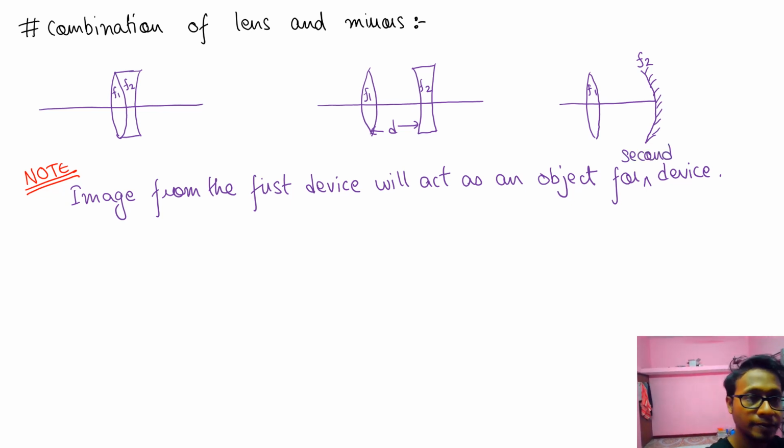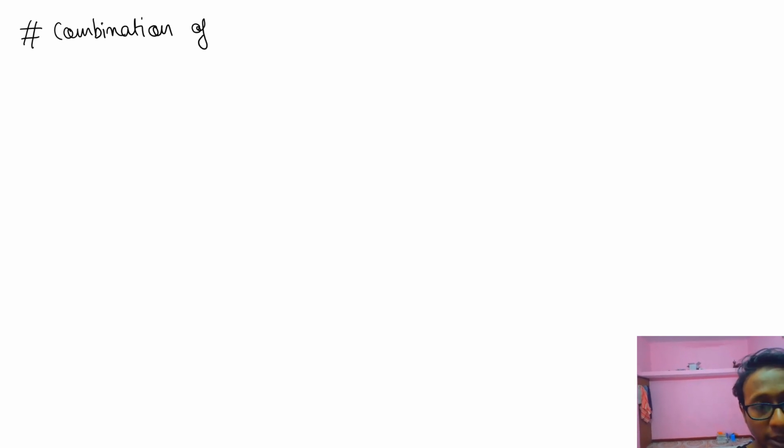The second device is a combination of two lenses kept without separation.